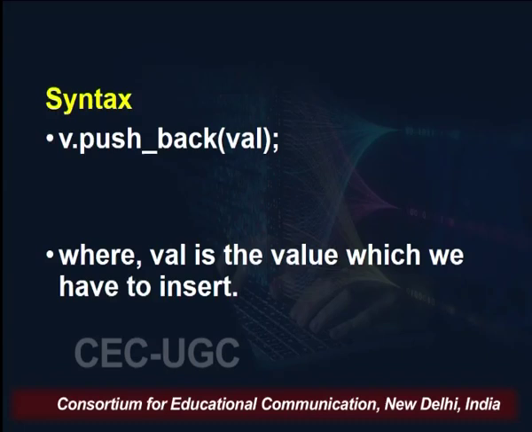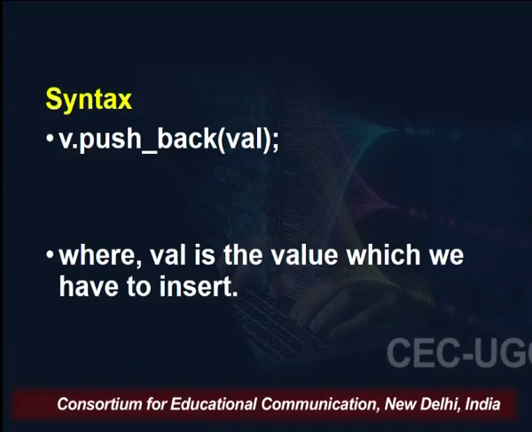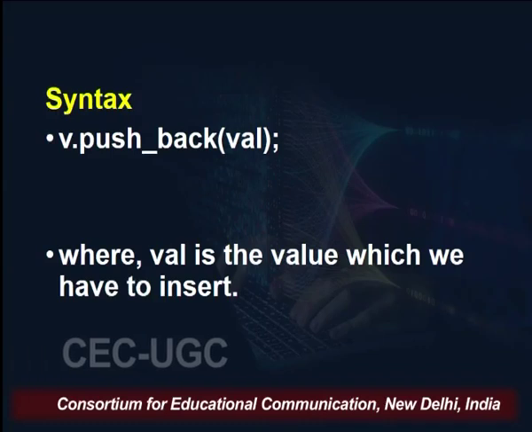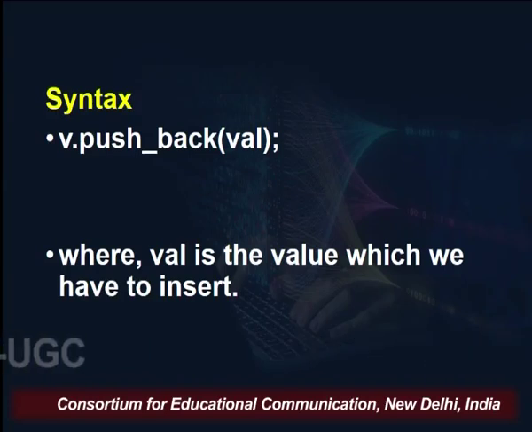The syntax of this method is v.push_back(val), where val is nothing but the value which we have to insert, v is the name of the vector in which we are going to insert, and push_back is the name of the method.